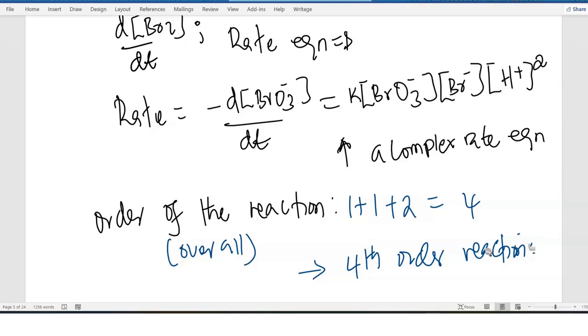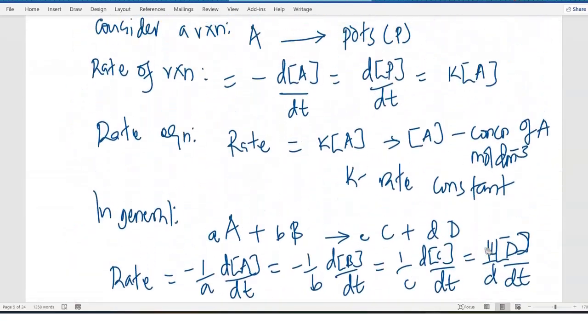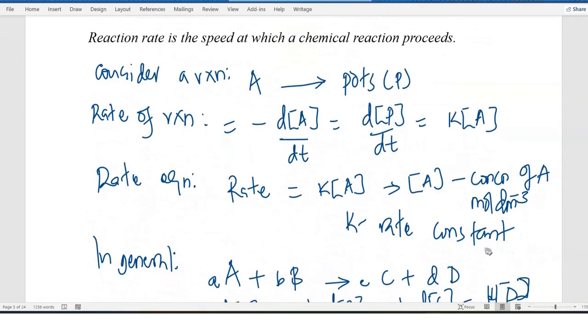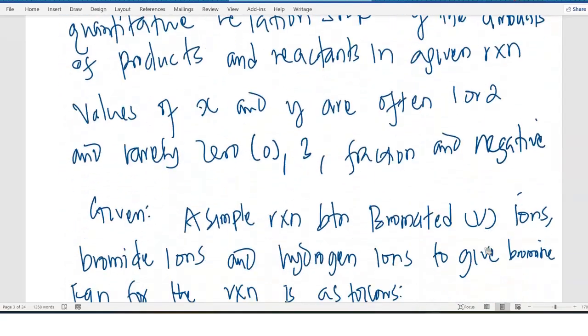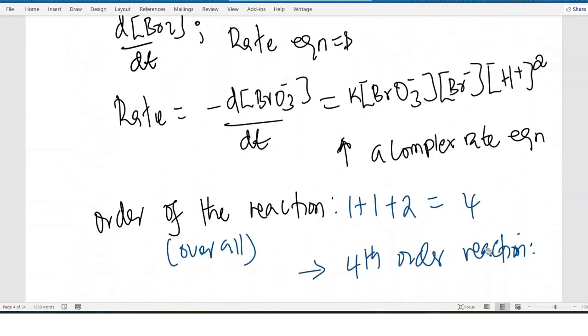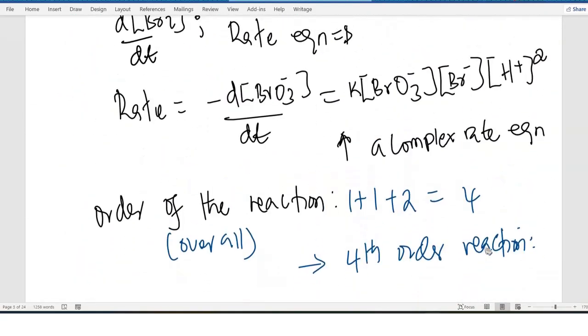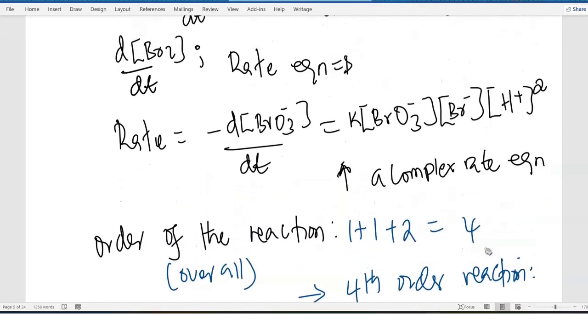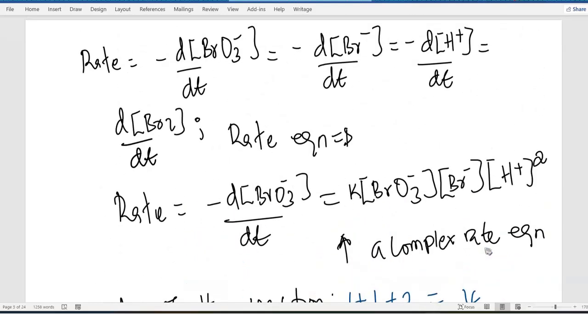So this is a very important part that we needed to cover to give you a hint on what the order of the reaction is and how we write the rate equation.